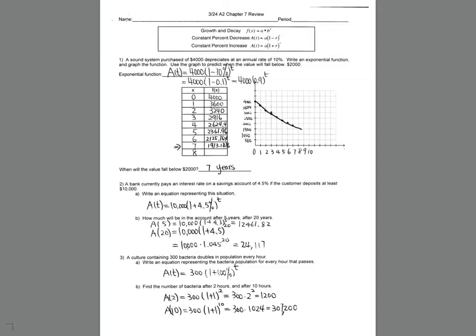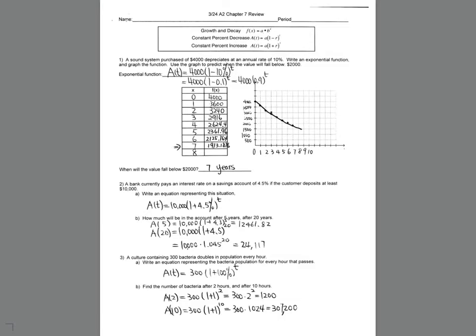Number 3. A culture containing 300 bacteria doubles. The keyword here is doubles. What does the word double mean to you? Please keep in mind, double means that it's going to increase by 100%. If at the beginning you have 300, the next hour you will have 600, and then the next hour would be 1,200, and so on.